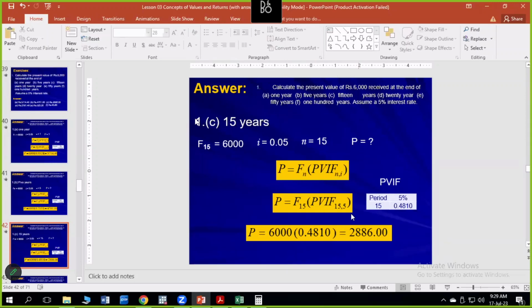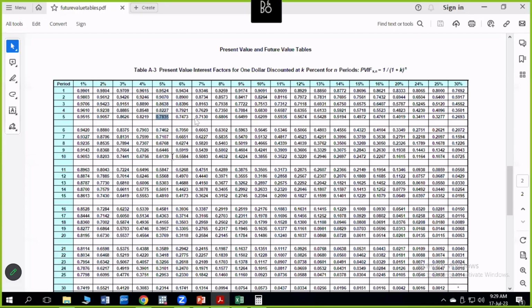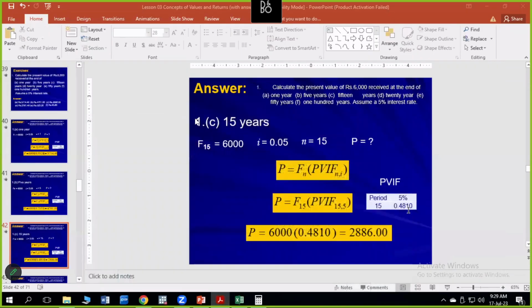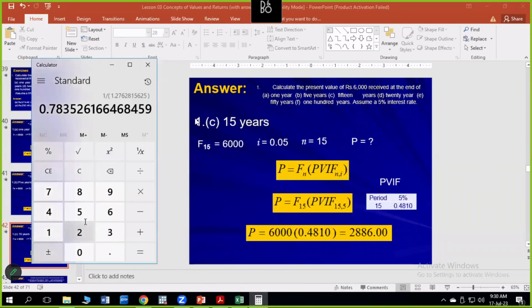Then you can substitute all these values and find how much at 15 years at 5%. At 15, the table says that it's 0.4810. You can check that with the calculator also.